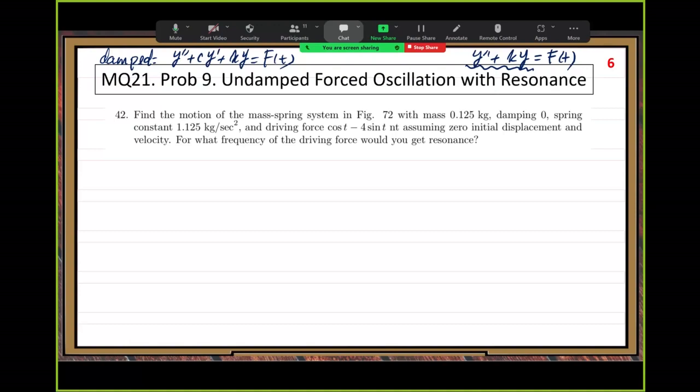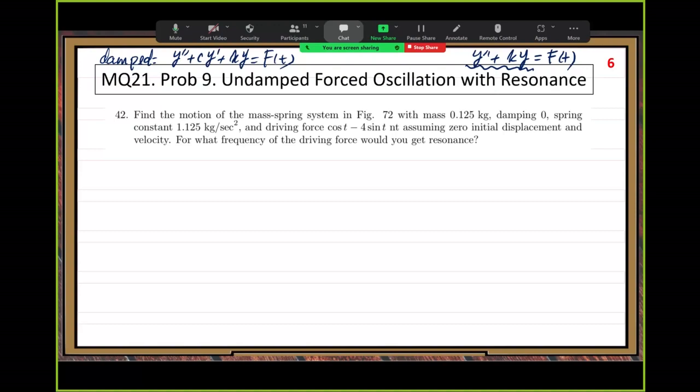If you look at the general solution of this homogeneous part, sometimes you don't have sine cosine. Sometimes you have E functions. When you have E functions, it is not periodic, there is no period.